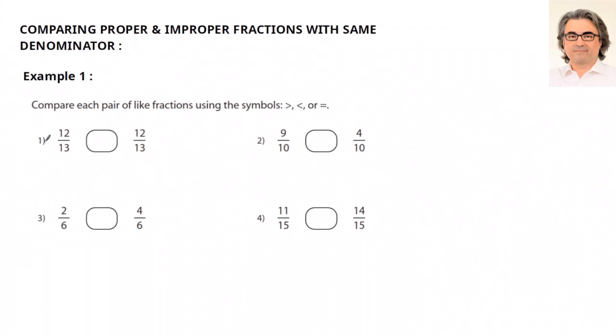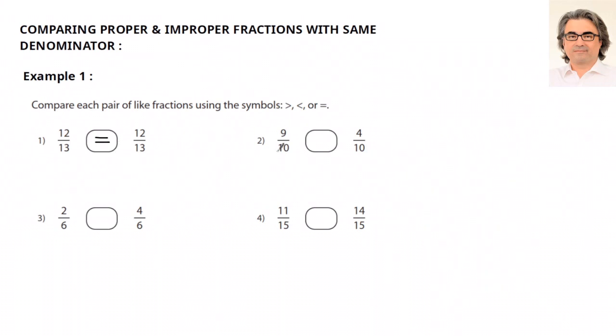Now, in the first example, we have two fractions whose denominators are 13, equal to each other. These fractions' numerators are also equal to each other. So these two fractions should be equal to each other. So I should write here this notation, equal.